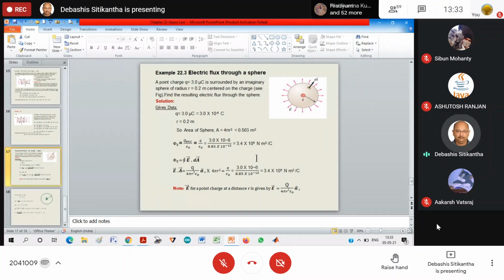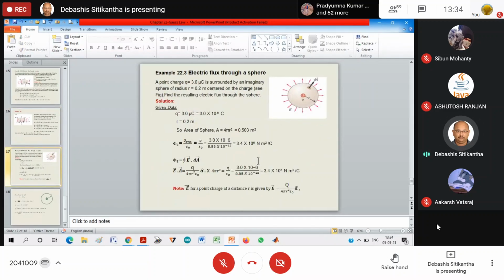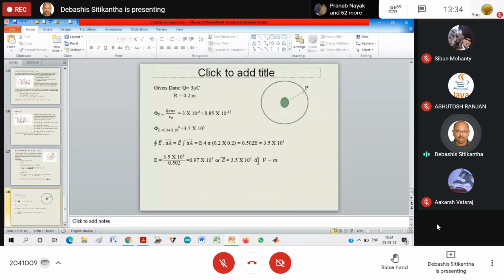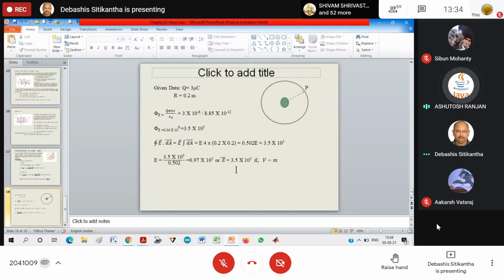I am very happy that you people have given it a try. We have tried to solve this problem in two different ways, even by applying different methods. Sir, you have written 3.5 into 10 to the power 5 at last. Then it should not be. Sir, the magnitude is 6.97.